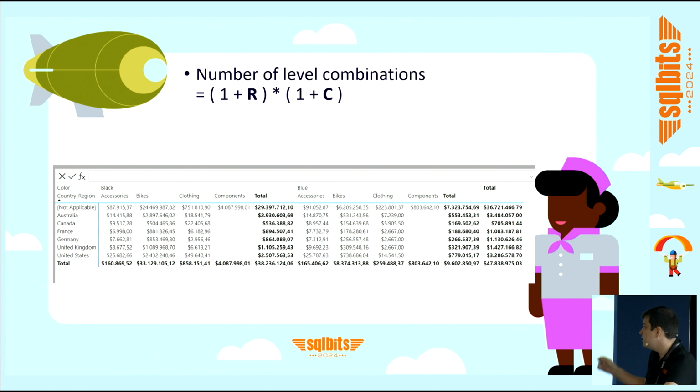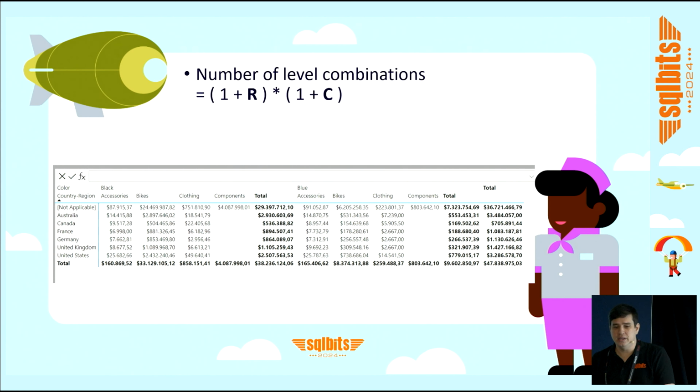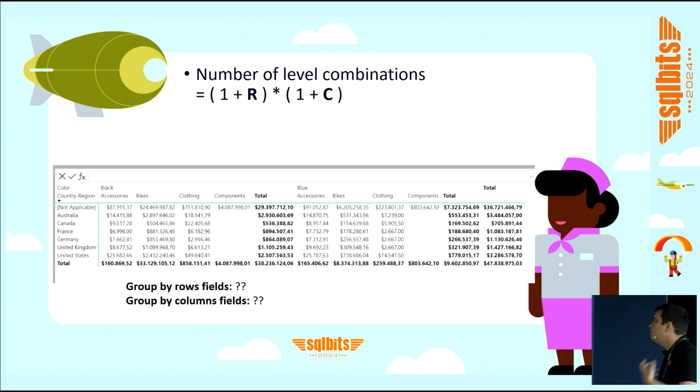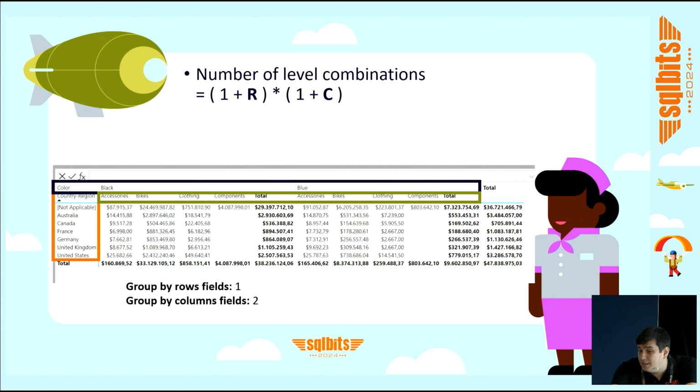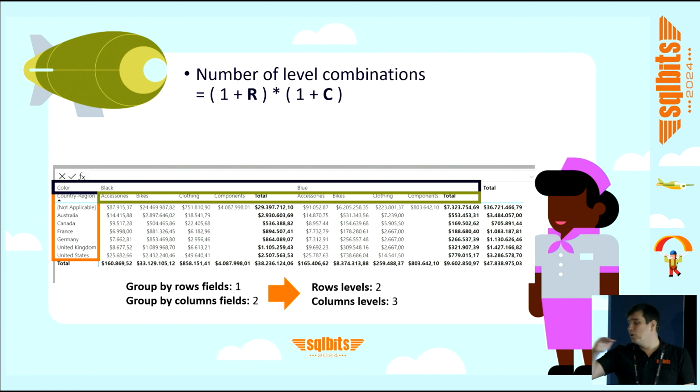Okay, so for this example, which is the main one that I'm working with here, how many levels are there? How many group by row fields do we have? Let me help you. Only one. I only put customer country region on the rows. And on the columns, how many do I have? 2. Therefore, I have 2 row levels and 3 column levels.